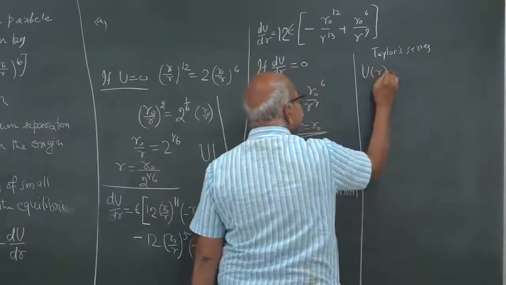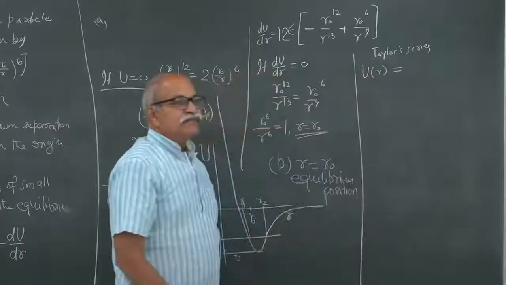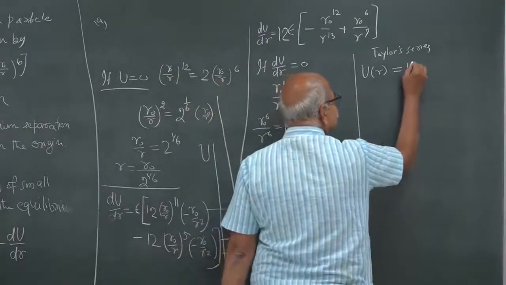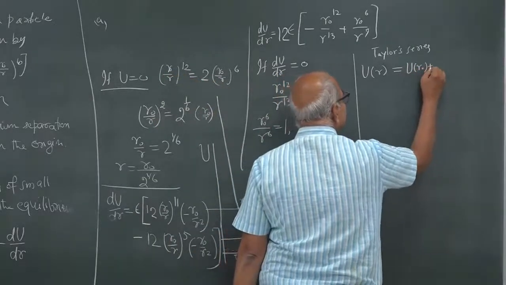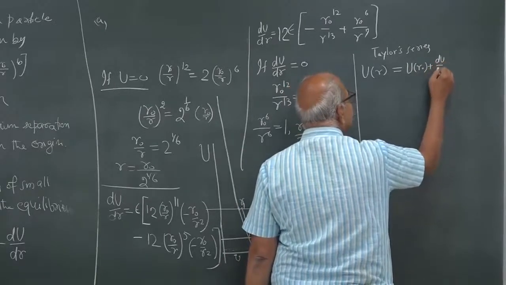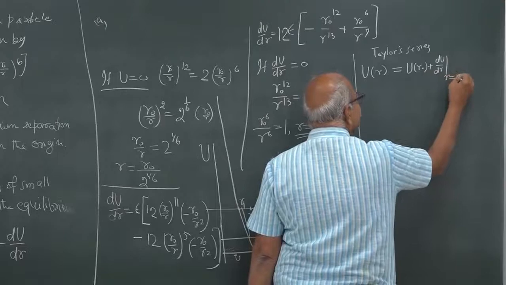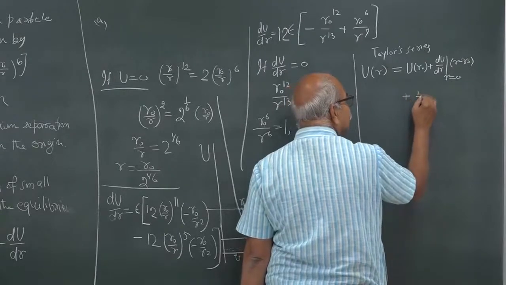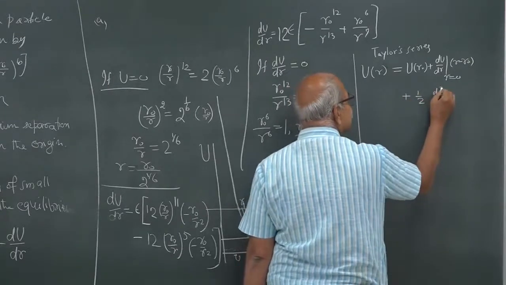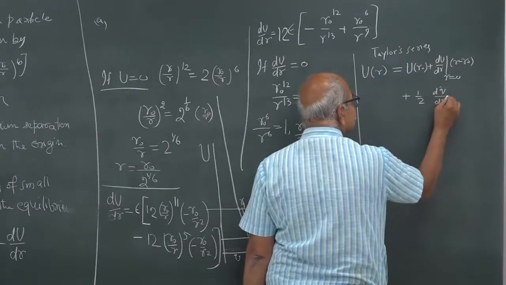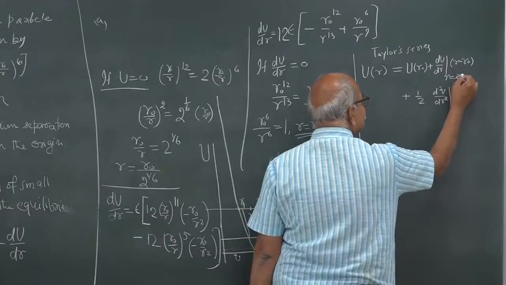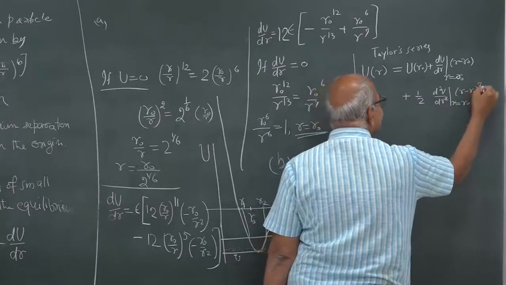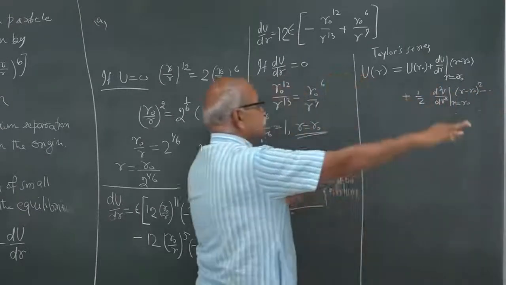It says that if you have to get u as a function of r and you have a point r naught which is very close to it, you can write it as u at r naught, plus du dr at r equal to r naught multiplied by r minus r naught, plus half of the second derivative d2u dr square evaluated at r equal to r naught and multiplied by r minus r naught square, and similarly higher order terms coming in there.